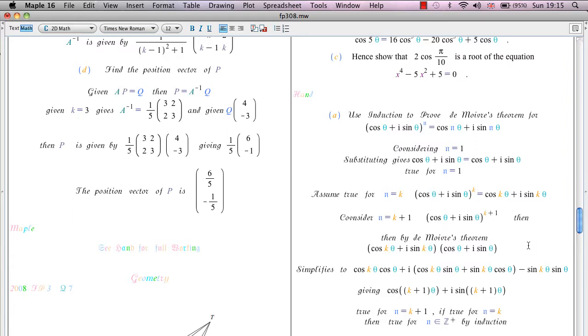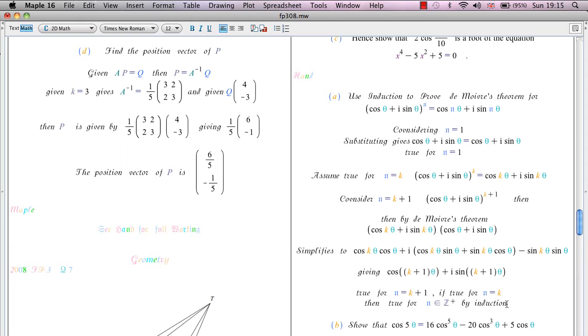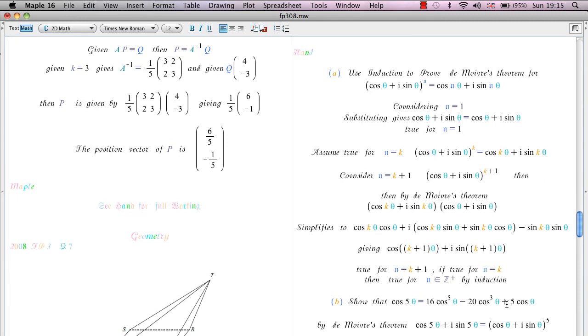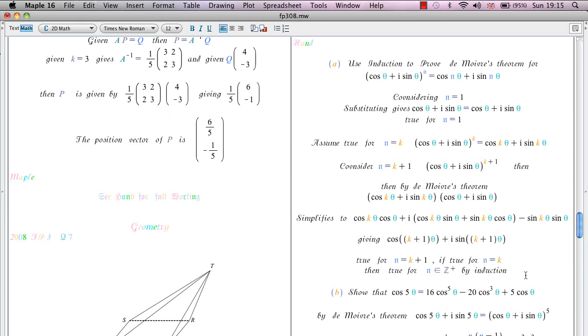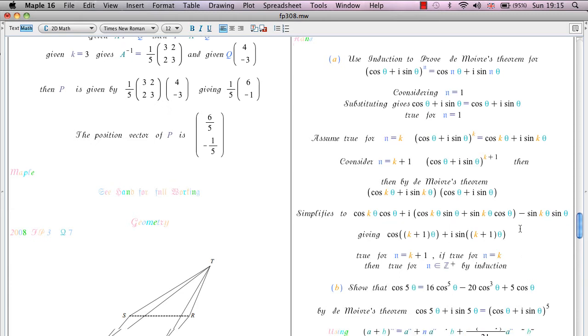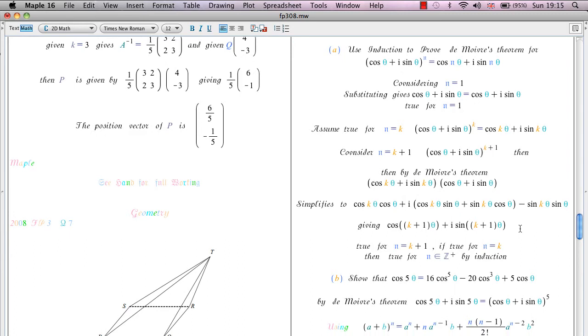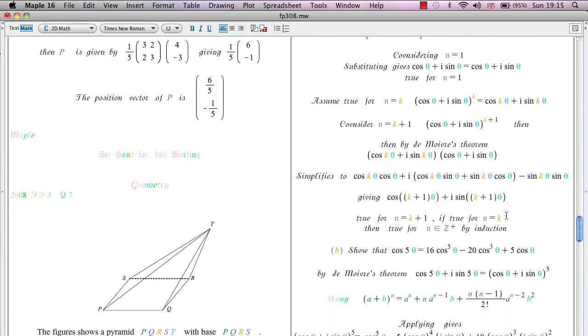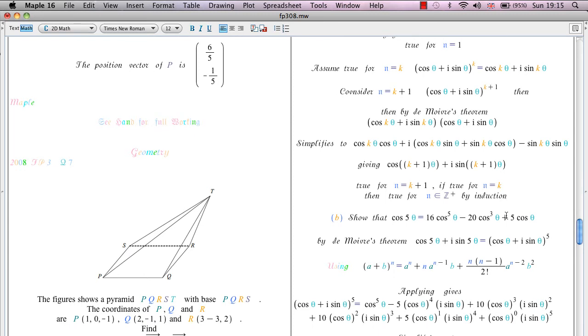Considering n equals k plus 1, then by De Moivre's theorem, cos k theta plus i sin k theta times cos theta plus i sin theta for n equals k plus 1, and expanding these brackets and simplifying, considering the addition identities for cos and sin, then it is true for n equals k plus 1, and by induction true for all n from the positive integers.